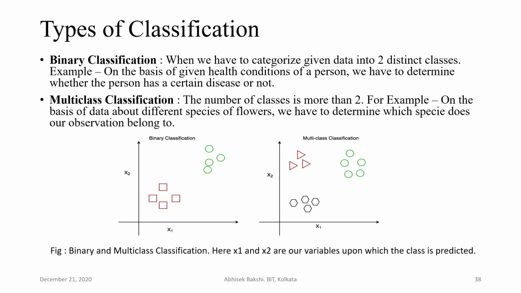So we have a situation something like this. We can see two different images are given, because classification can be defined in two ways. The most basic classification that we always consider is binary classification, which categorizes given data into only two distinct classes.